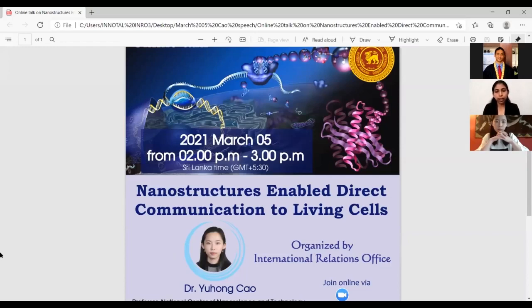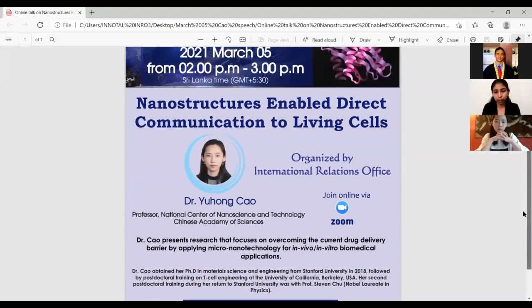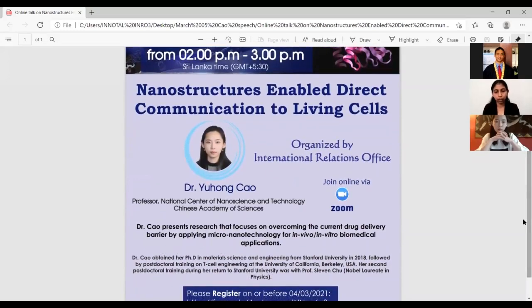Her postdoctoral training at Stanford has been with Professor Stephen Chu, a Nobel laureate in physics. Currently, Dr. Yuhong serves as a professor at the National Center of Nanoscience and Technology, Chinese Academy of Sciences, and she has been there since December 2020.